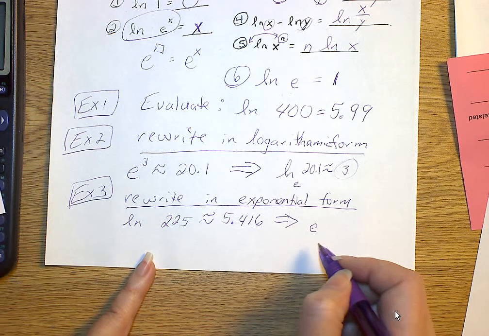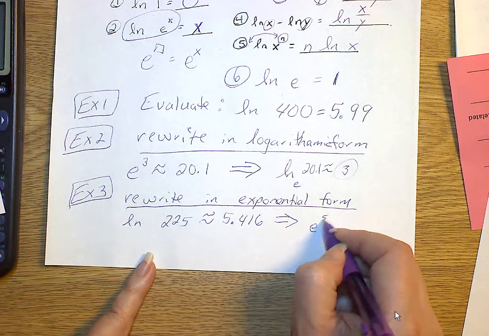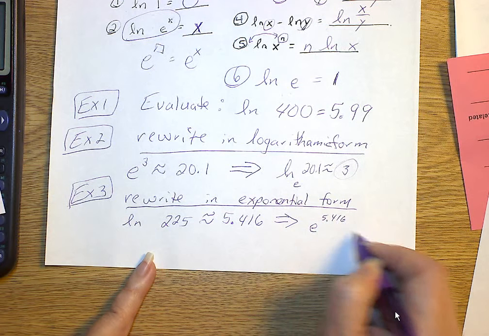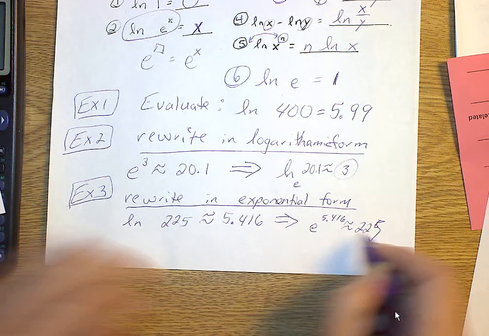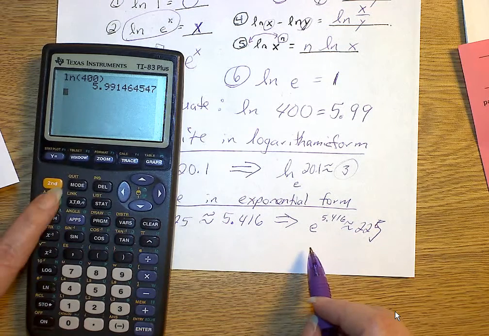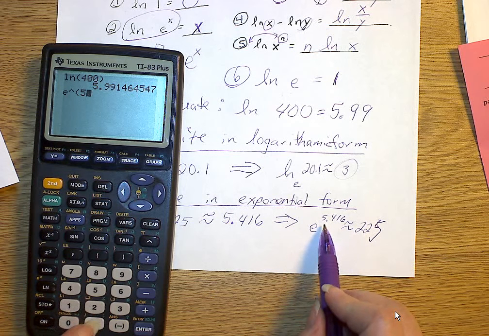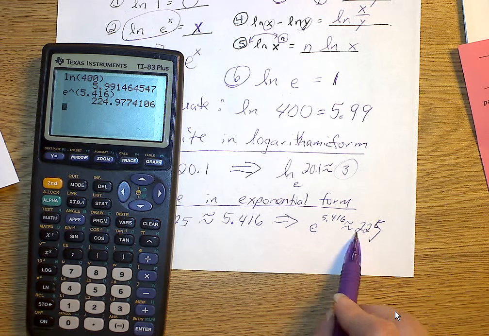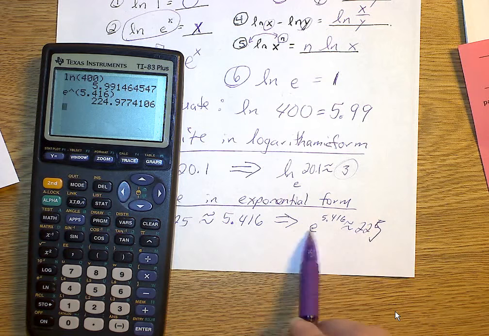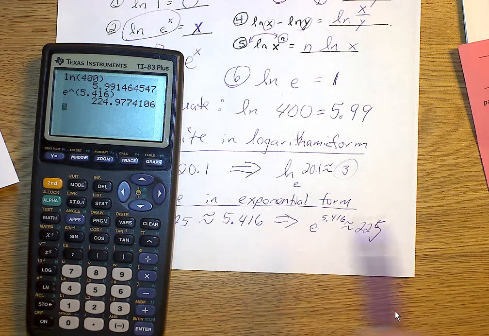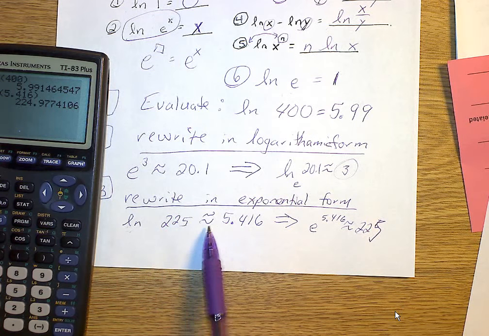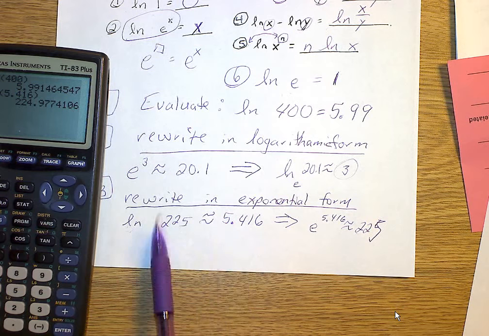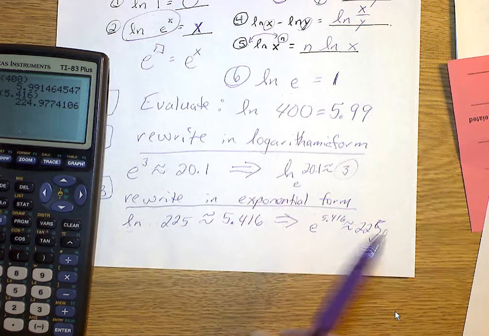My exponent is 5.416, and my answer, 225. If you put in your calculator e to the 5.416 and press enter, it should be approximately 225. Just so you know that what you're writing is a true statement. If you put in your calculator ln of 225, you should get 5.416. It's just rewriting it. Those are still correct.